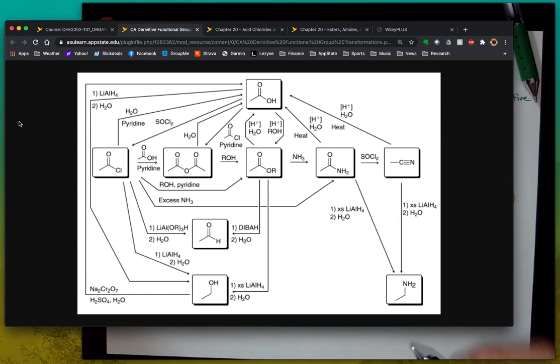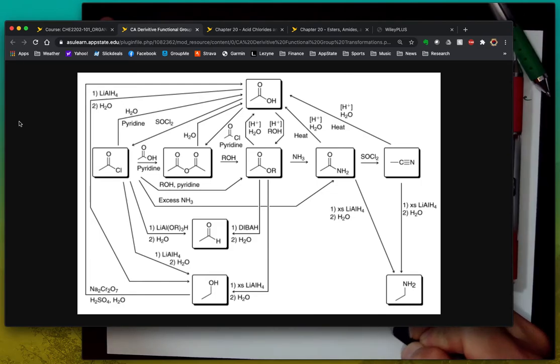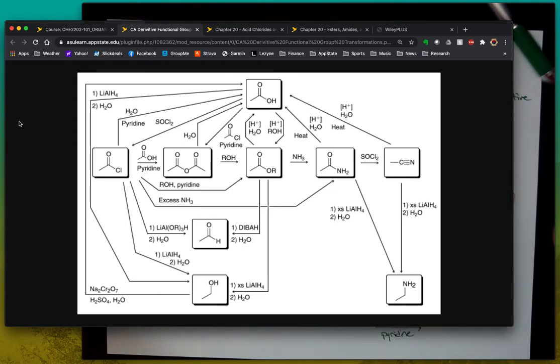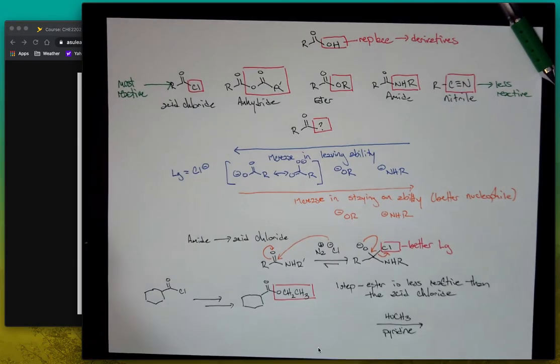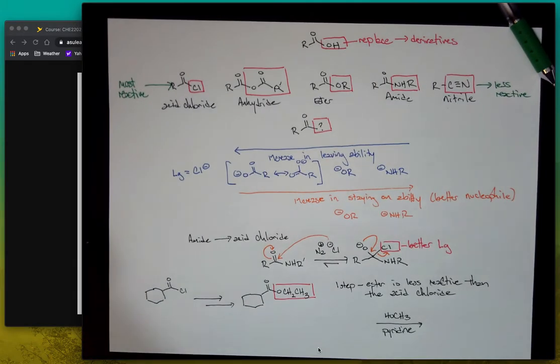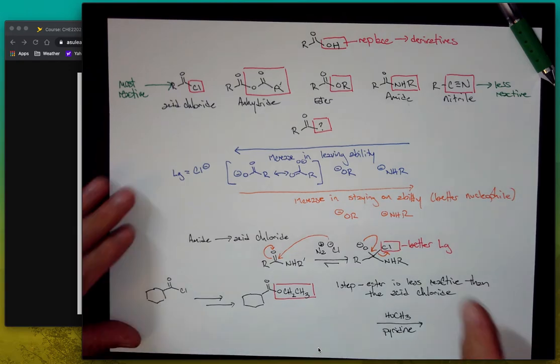And in order to accomplish this, all you would need to do is identify the species that you are adding, which is this OCH3, turn it into a decent nucleophile, and when we deal with acid chlorides, we need pyridine present, and that is the way that you would synthesize an ester from an acid chloride.